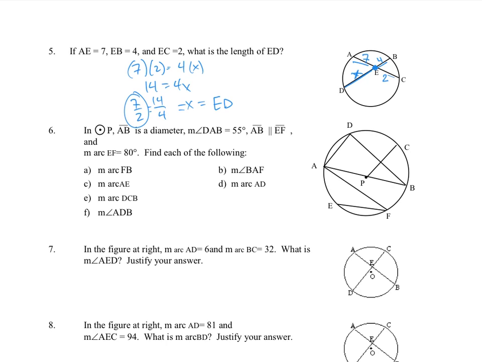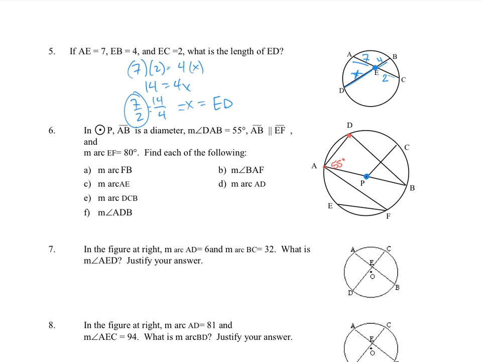For number 6, we have circle P. That's our center, and AB is a diameter. The measure of angle DAB is 55 degrees.